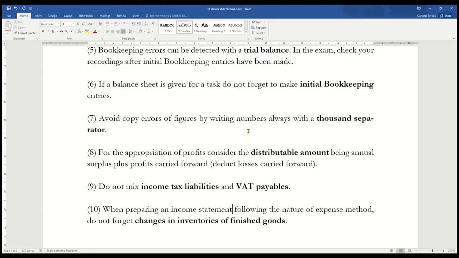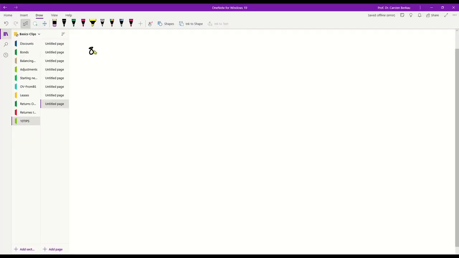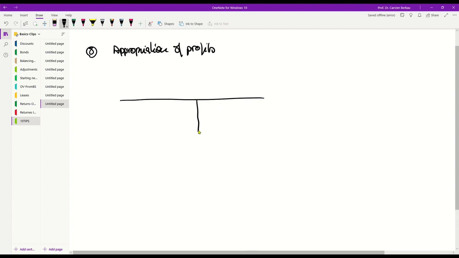If you have to record an appropriation of profits, calculate the distributable amount. That will be the annual surplus plus a profit carried forward or less a loss carried forward. With regard to the appropriation of the profits, make sure that you consider the profit as well as the profit carried forward. You recognize a profit carried forward easily on the balance sheet.